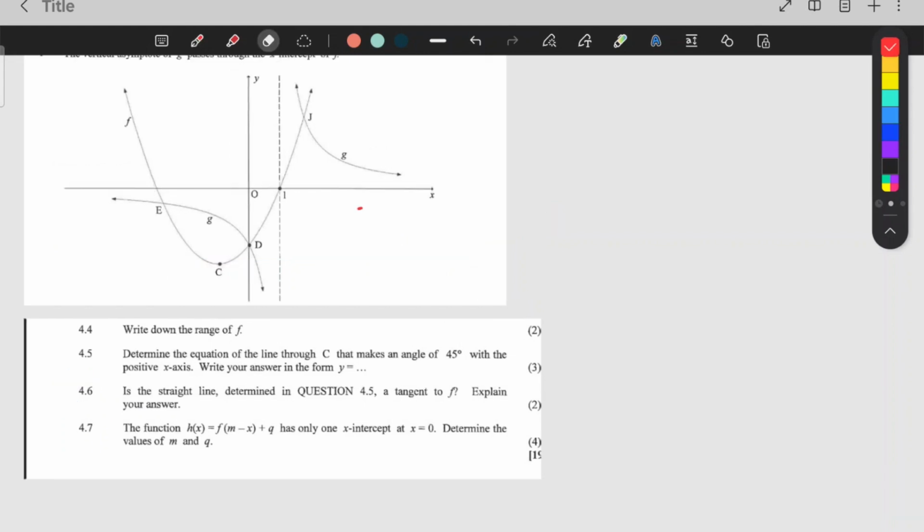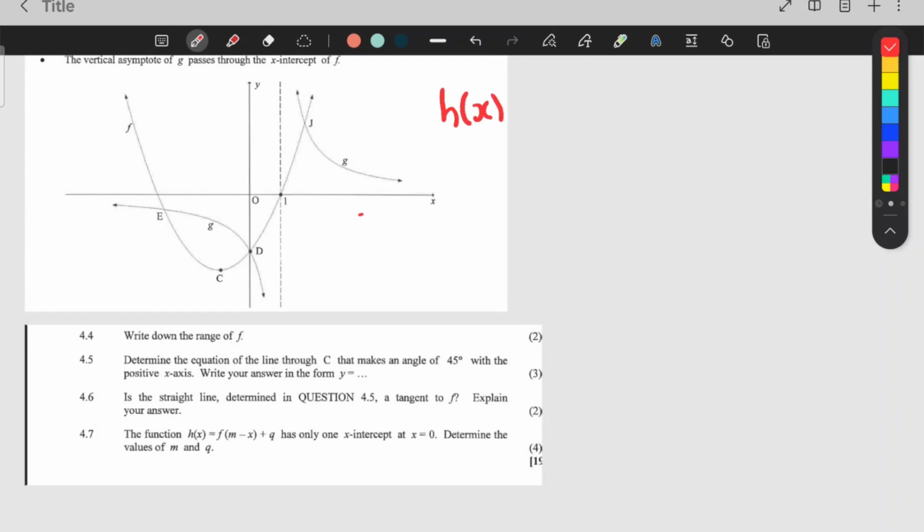So let's look at the last question, 4.7. 4.7 says h of x is equal to f of m minus x plus q. Let's write this down. h of x is f of m minus x plus q. And this new graph only has one x-intercept where x is 0.